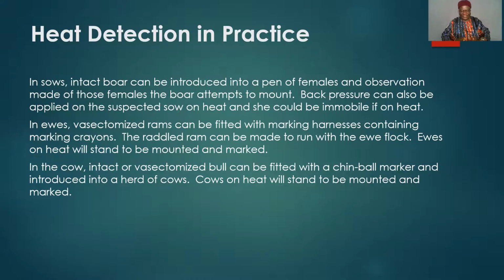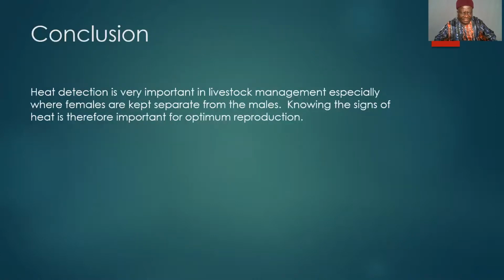The ram can be made to run with the ewe flock, and ewes on heat will stand to be mounted and marked. In the cow, an intact or vasectomized bull can be fitted with a chin ball marker and introduced into a herd of cows. Cows on heat will stand to be mounted and marked.